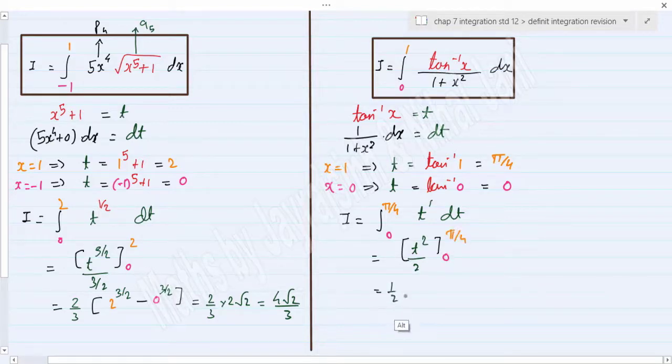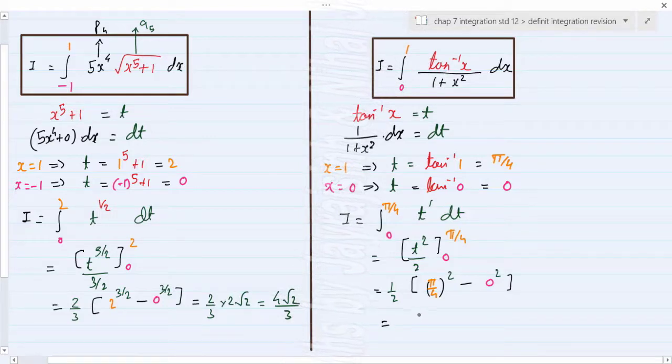This 1 by 2 will be as it is. Your upper limit is pi by 4. So we'll get pi by 4 the whole square minus lower limit 0 whole square, or we can say we will get pi square by 32 as your final answer.